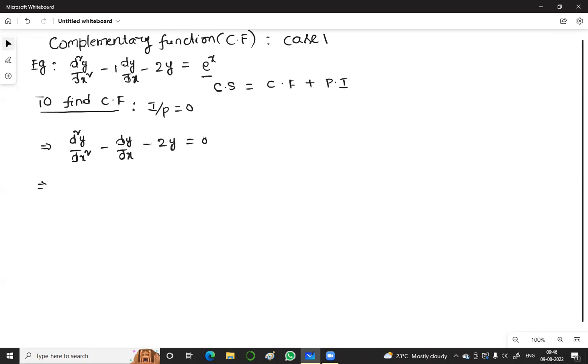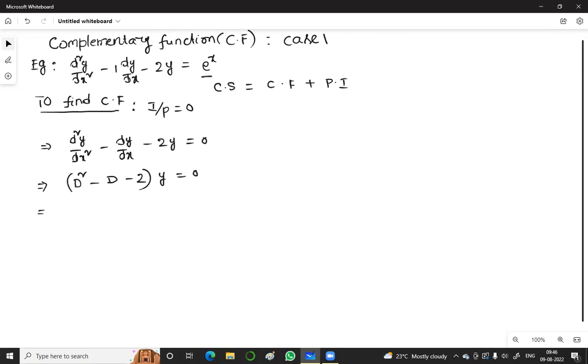Now, d square over dx square is an operator. D square I can write over y, minus d by dx is an operator, D I can write, minus 2. These three are operating on y is equal to 0.